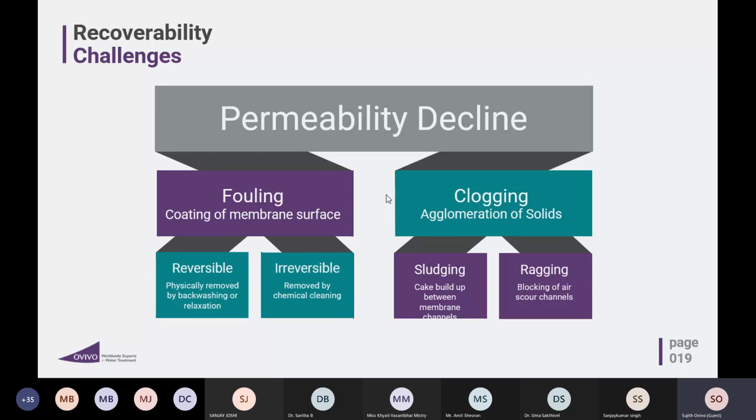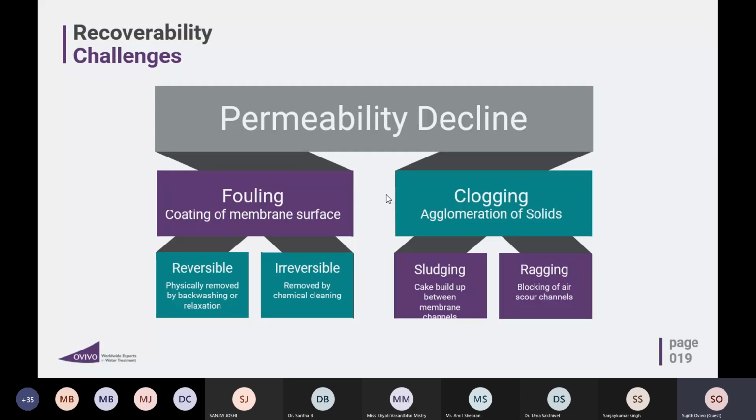Fouling can be organic fouling or what you call EPS, extracellular polymeric substance. Bacteria release the EPS, so by virtue of that, your membrane can get fouled. The fouling has something to do with the process, I would say, right?